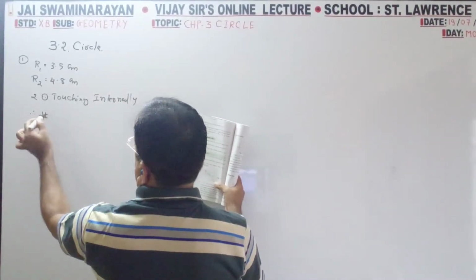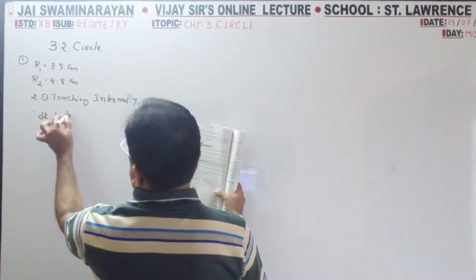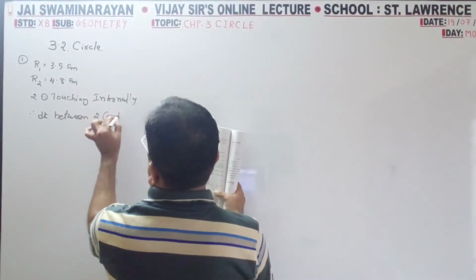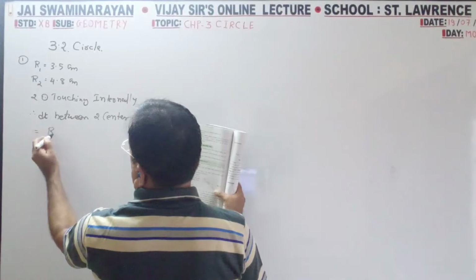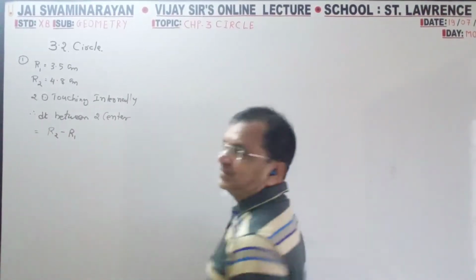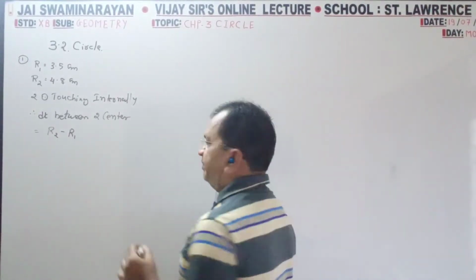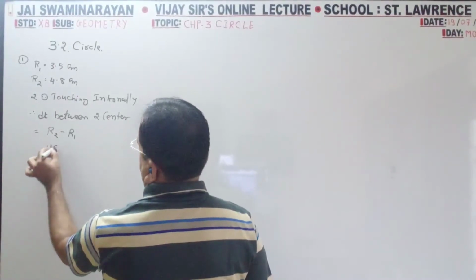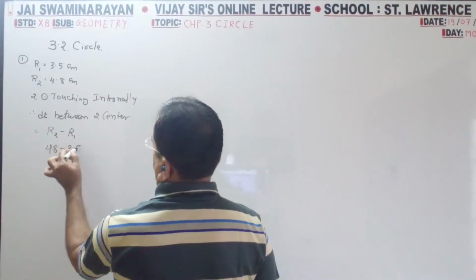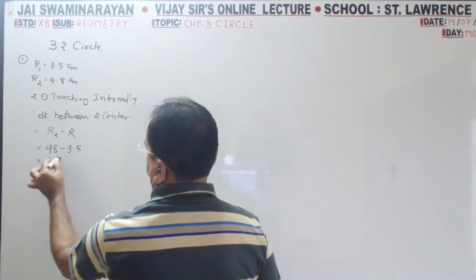Therefore, distance between two centers is equal to bigger minus smaller. When it is touching internally, you have to subtract: 4.8 minus 3.5 is equal to 1.3 centimeter.